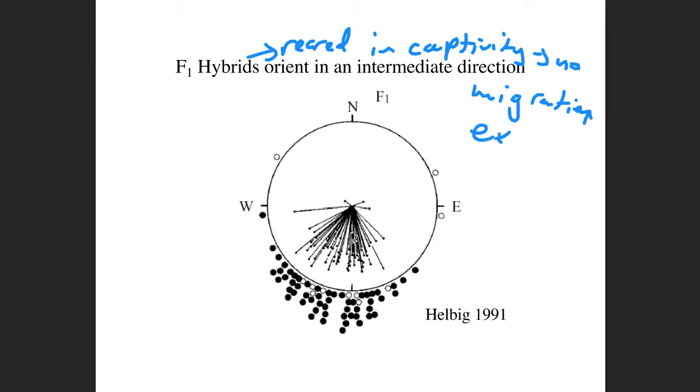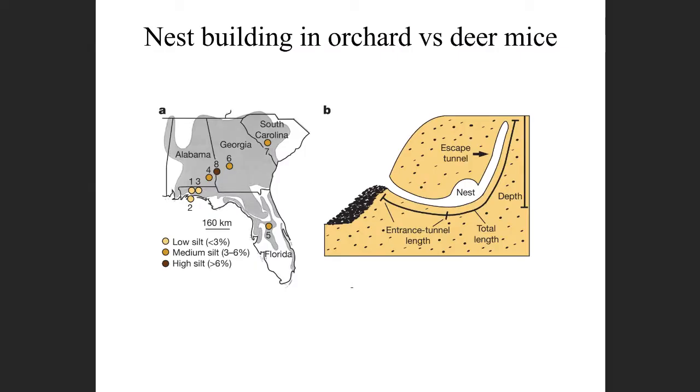They show a migratory orientation intermediate between the two parents. So a hybridization experiment is another way of showing a genetic effect on behavior, although in this case, there's no dominance. They seem to be somewhat intermediate between the two parents.